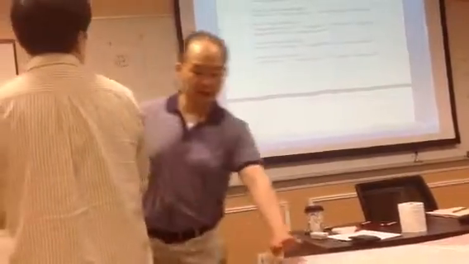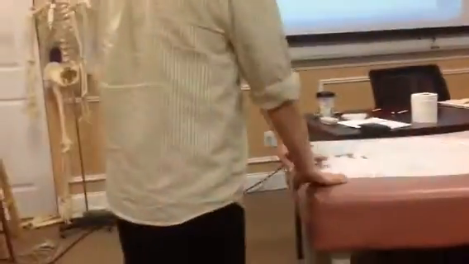So for the hip range of motion, you have to provide the patient's stabilization. Can you hold this table like this? And can you turn? If you have trouble, you can ask the patient to mimic your movement. Hold the table. Flexion is this.